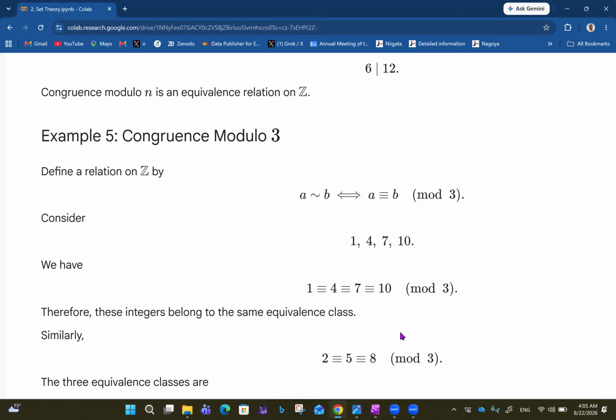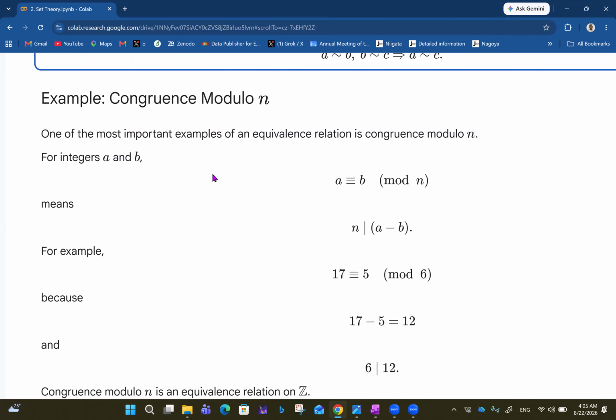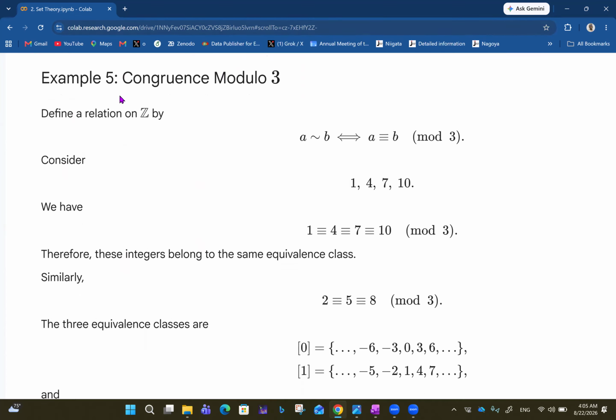Then we have congruence modulo 3. Define a relation on Z by A is equivalent to B if and only if A is equivalent to B mod 3.